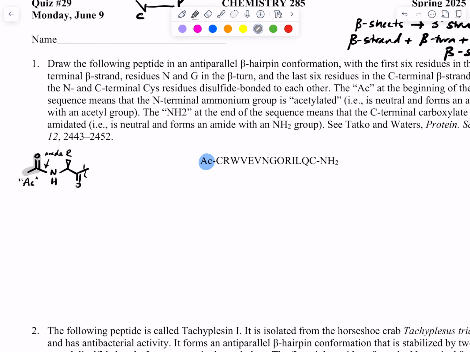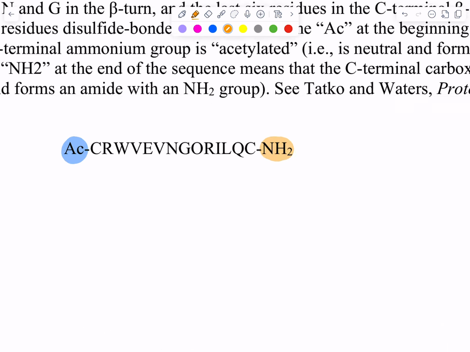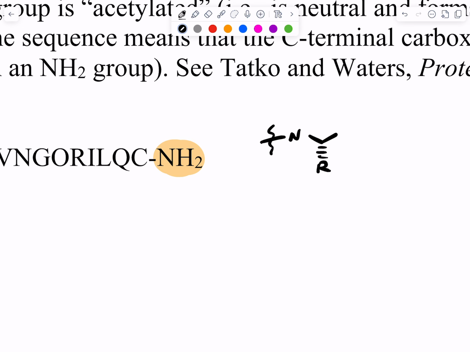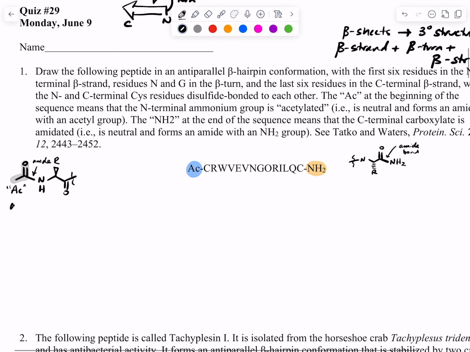Then the NH2 at the end of the sequence refers to the fact that the C-terminal amino acid is not charged as the carboxylate, but the C-terminal carboxylate is actually also forming an amide bond with an NH2 group. And acetylation and amidation are what those things are called.